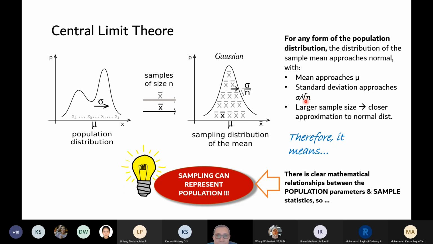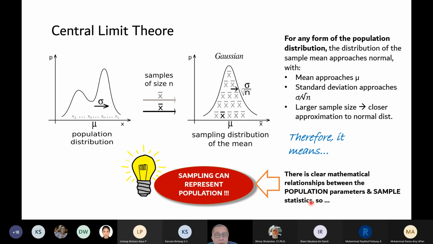And n is the sample size. Larger sample size will give us closer approximation to normal distribution. So what do these mathematics mean? It means there are clear mathematical relationships between population parameters and sample statistics.